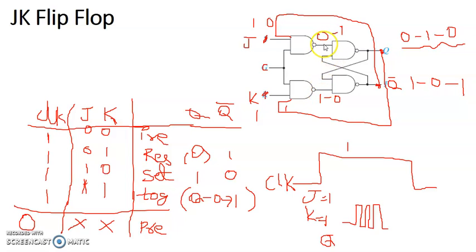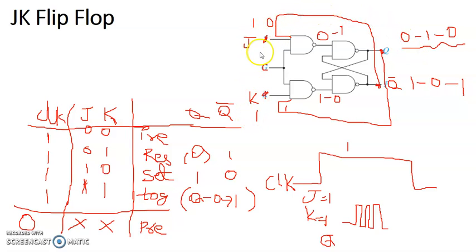When S bar is 0, it is set. So I'll get Q as 1, Q bar as 0. So I get this condition 1, 0. Now I'll work with the next step. If this is my present state 1, 0, I'll provide this as feedback now. So now the 0 is the input applied across this.